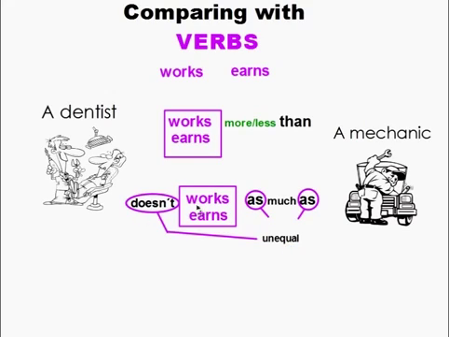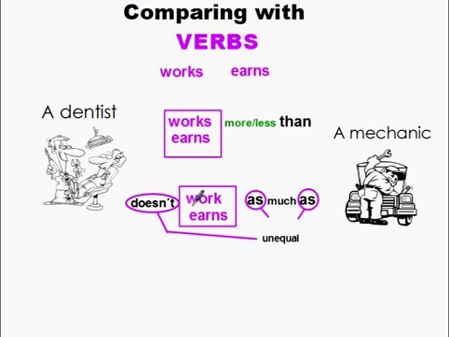But how do we make it unequal? Well, you have to make the verb negative, right? And if I'm going to make the verb negative, then I have to think about a dentist doesn't work as much as. So I don't need the S now because that's the S on doesn't. That's the S, the third person on the negative.